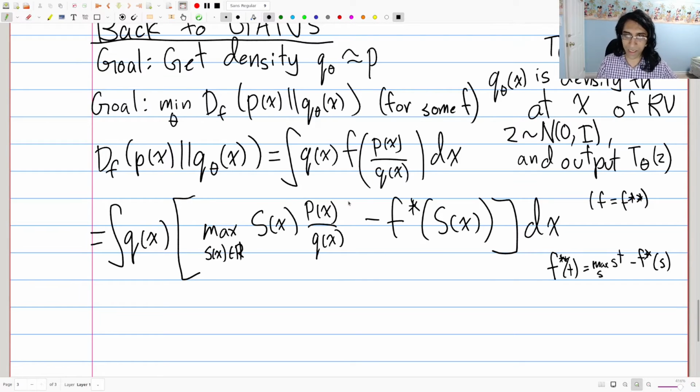You can see this t here is p over q of x, and maybe the difference here is that instead of just doing some fixed number s, we're now taking an s which is parameterized by x. Because the way you can see this is that we're really taking the Fenchel conjugate with respect to every point simultaneously. So in other words, each individual point can have a different value of s which is multiplying it. So that is the main idea.